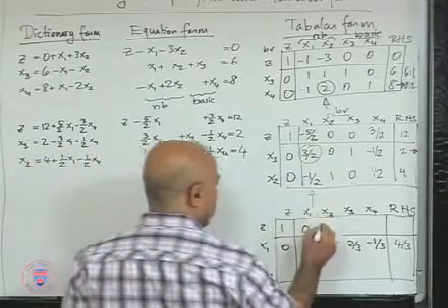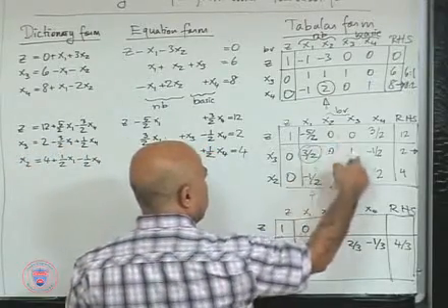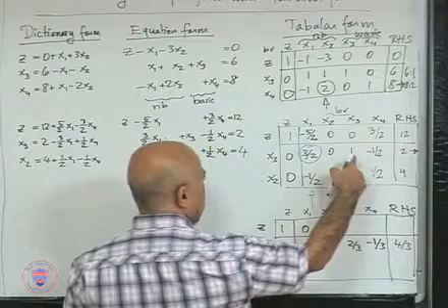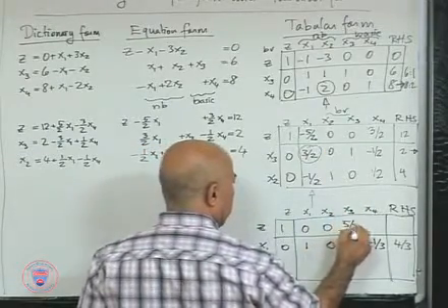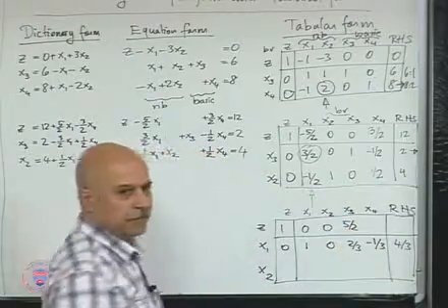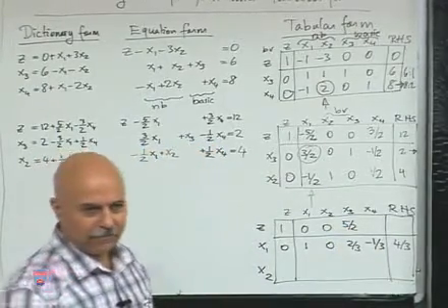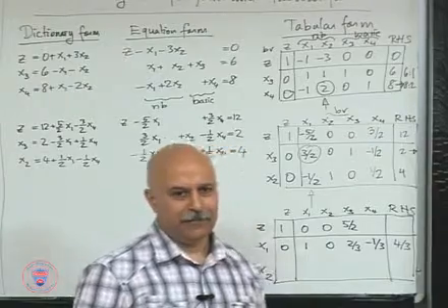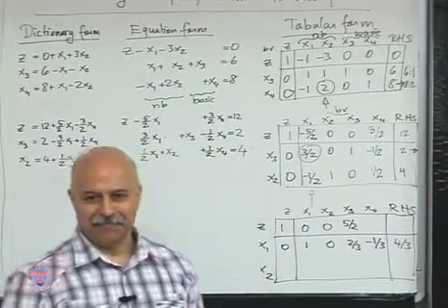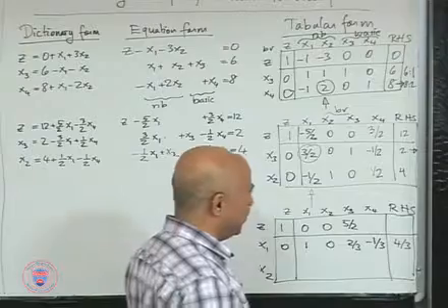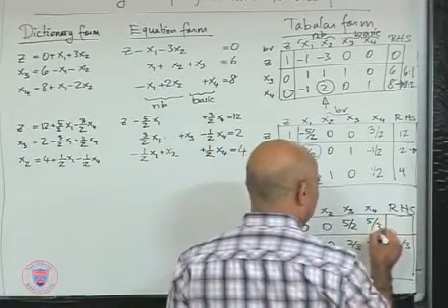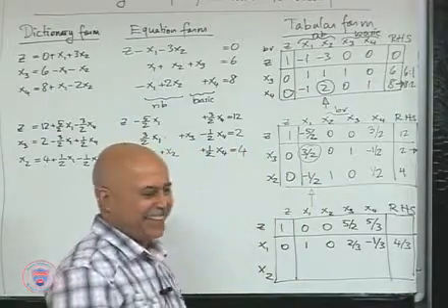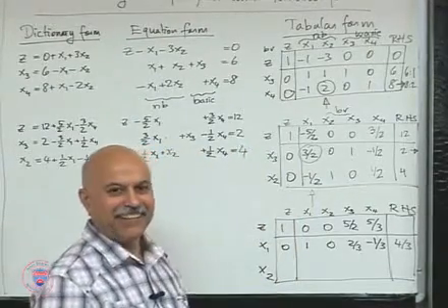This one will not change, 0. This will be 5/2. I don't know what that will be. You do it. I'm not very good with computations. 5/3? Okay. I believe you, Sibel.